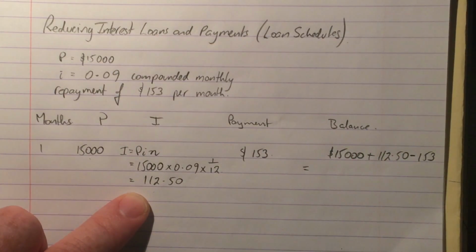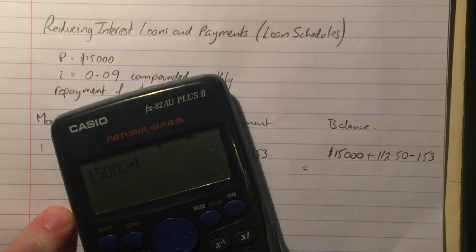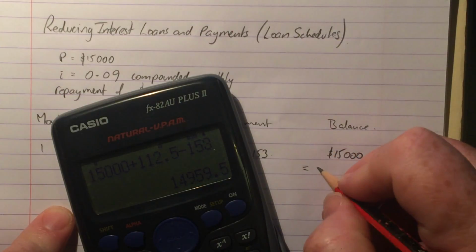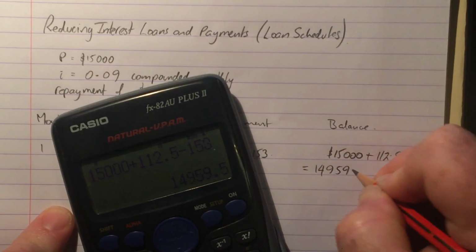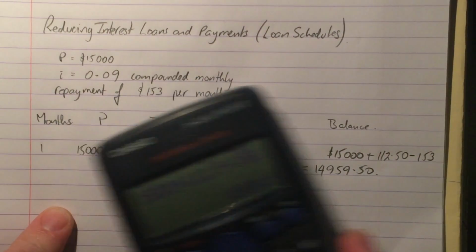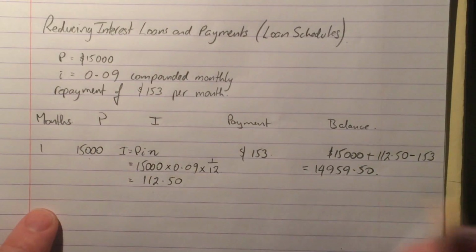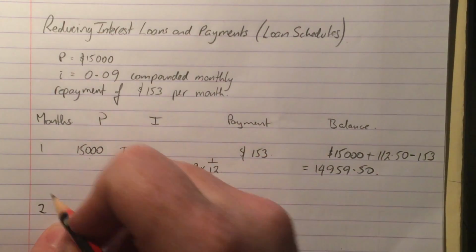On our calculator, 15,000 plus the interest that's been charged minus the amount that we've paid, and we'll get $14,959.50. And that's the amount that will transfer back down as the principal for the beginning of the second month.